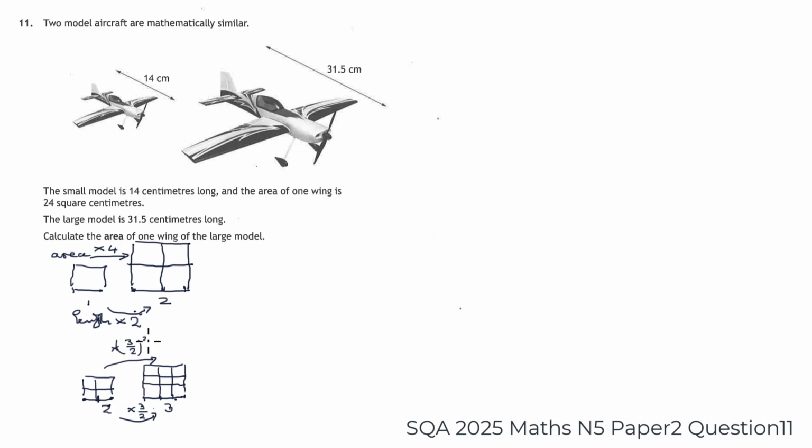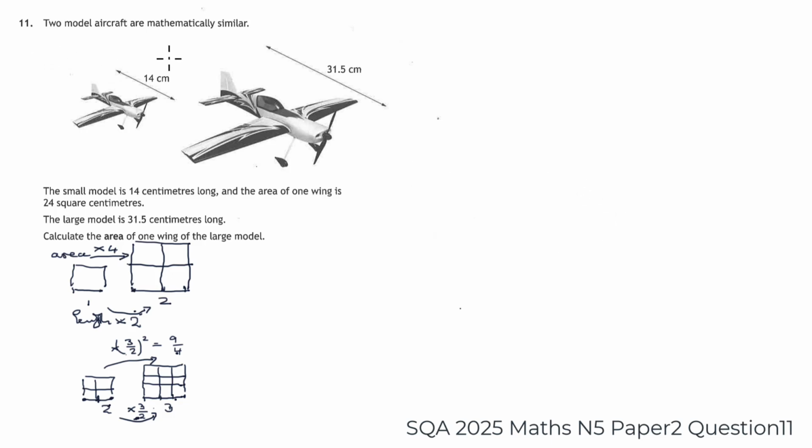Now that's 9 over 4. 4 into 9 goes 2 with 1/4 left over, 2 1/4. Well, let's figure that out. If we double an area of 4, 2 4s are 8, and 1/4 of that 4 is another 1. So 8 plus 1 gives us the 9 squares in there. So multiplying 4 by 9 over 4 gives us 9. Length scale factor squared to get the area scale factor.